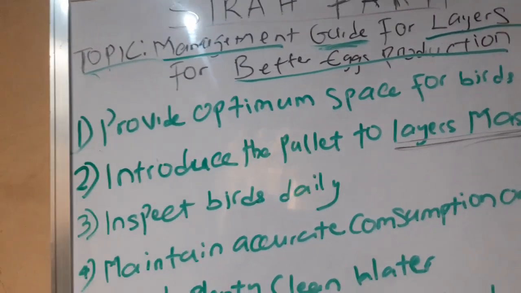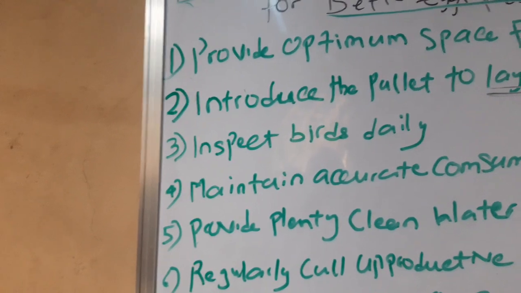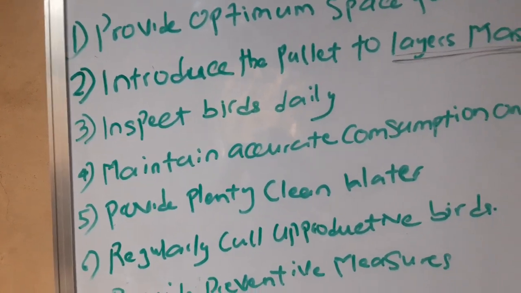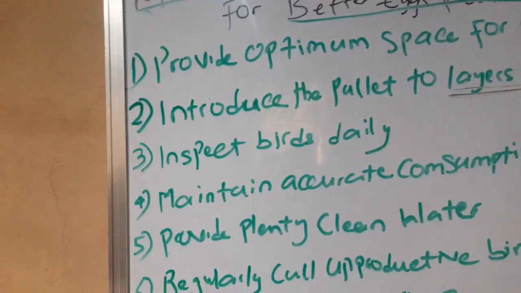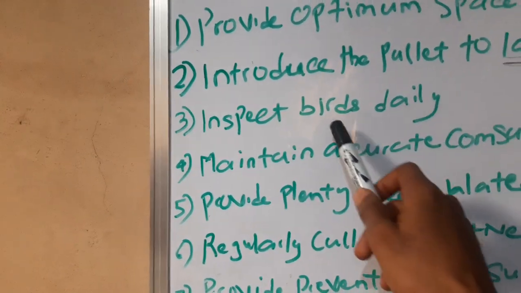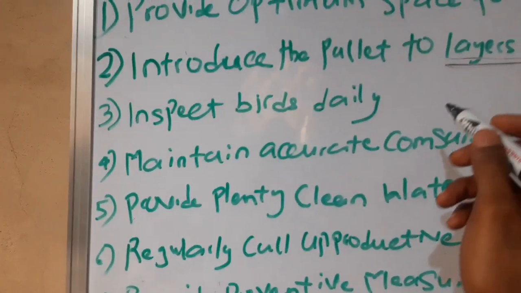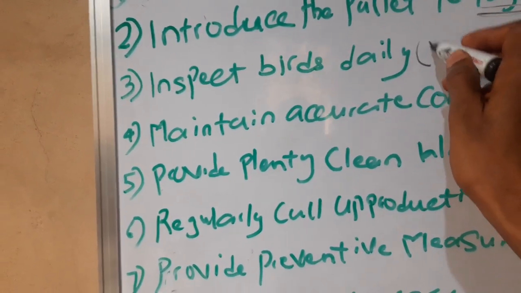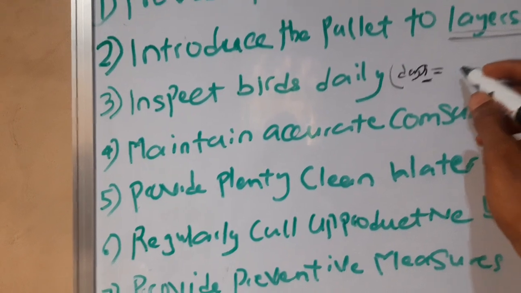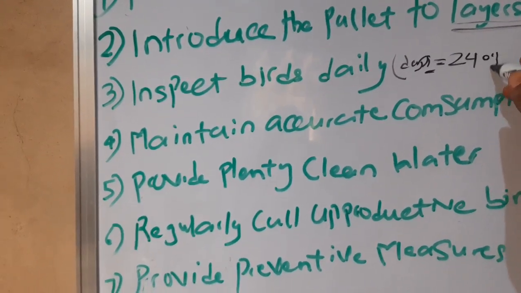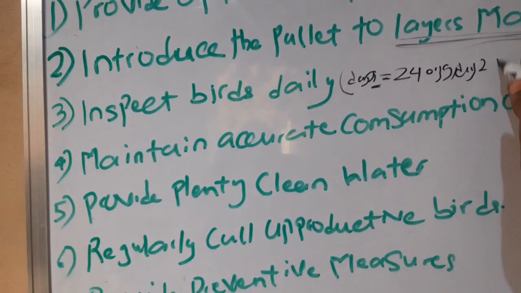Now, the third one is to inspect the birds daily. For you to understand how your farm operates, even aside from better egg production, you have to inspect your birds daily. Take for instance that on day one they lay, let's say, 24 eggs, and on day 2 they lay 18 eggs.